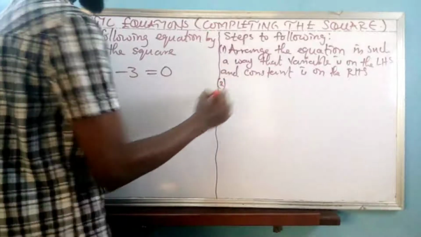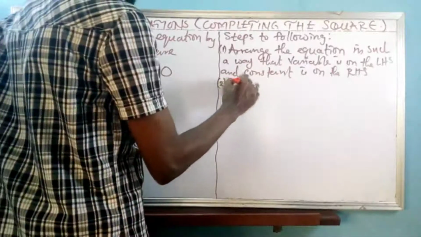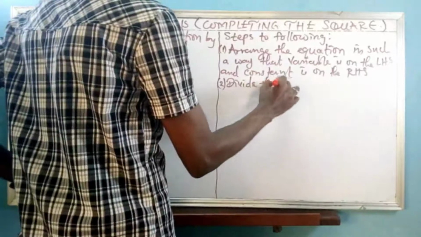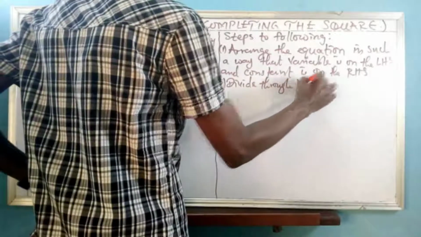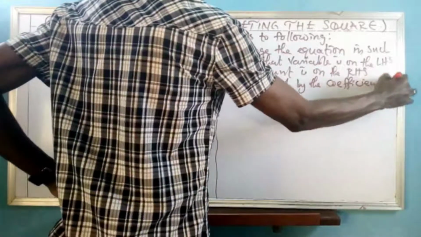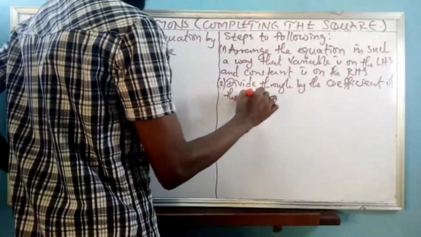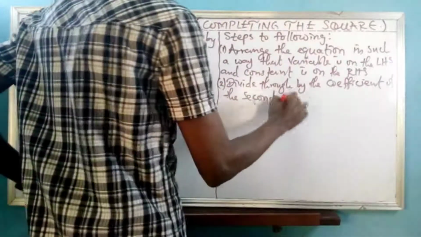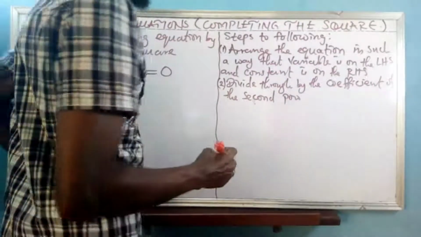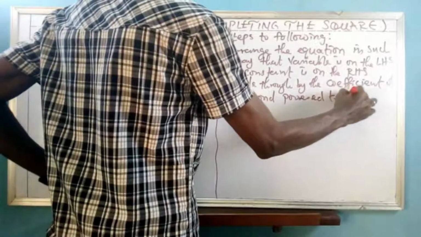Step 2. In step 2, you have to divide through by the coefficient of the second power, that is the one that carries the second power variable, the one that carries the square.